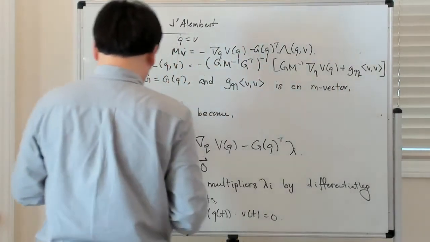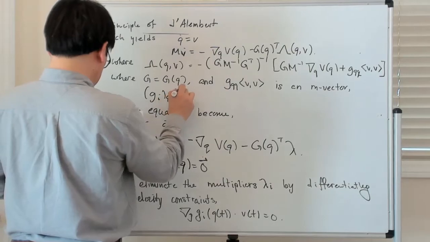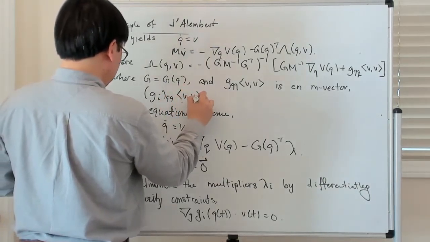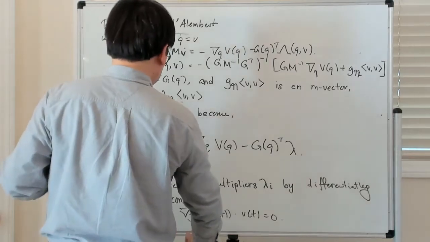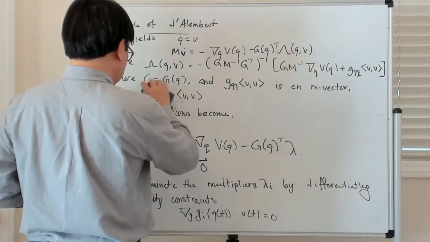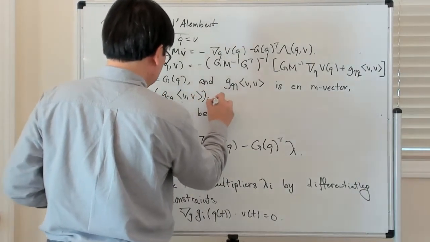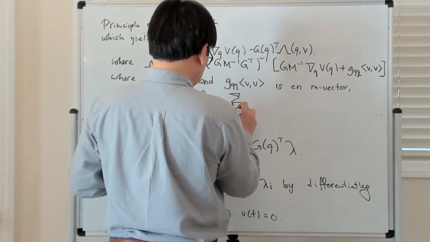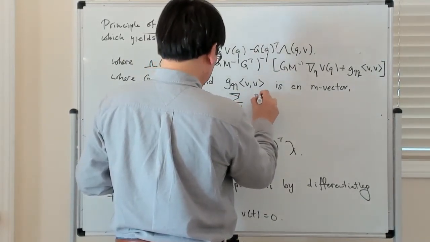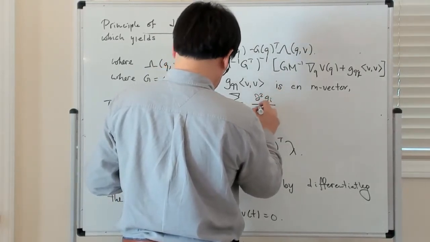This G_QQ VV term is an M vector, with the property that the ith term is equal to the sum over k and l of the second partials. So this is the Hessian term.